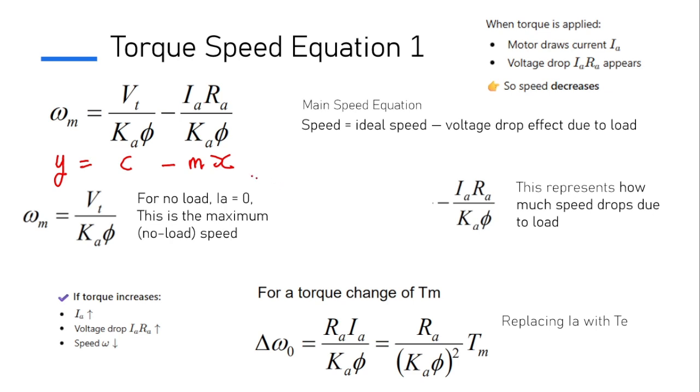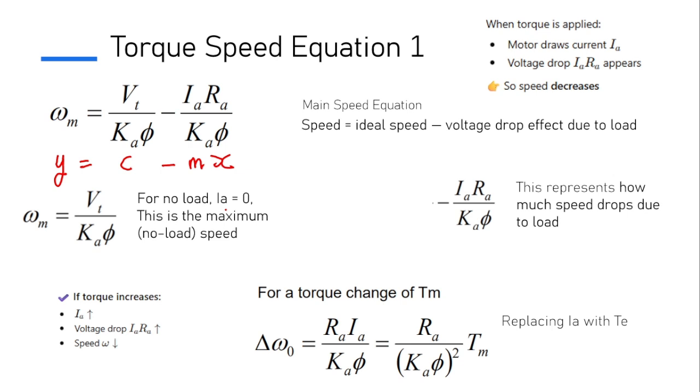Now what they did, they start off with this, and they split this into different sections, right? The first section is at no load. If you have no load, your Ia will be 0. Why will Ia be 0? Because Ea will basically be 0. Your Ea and your speed coincide with each other. So if you have no load, you have no back EMF.